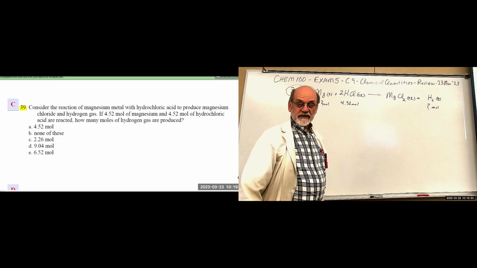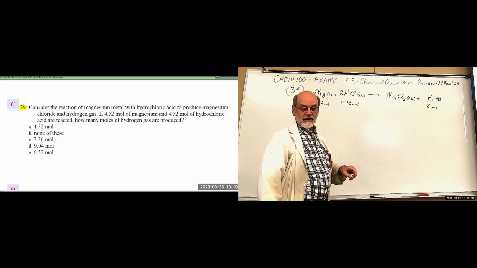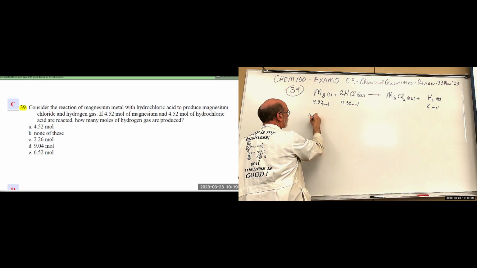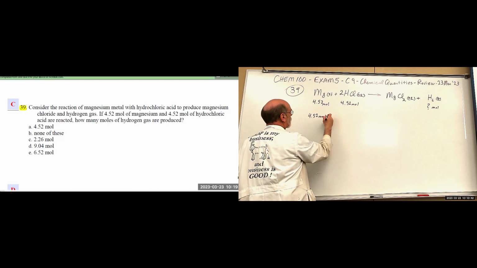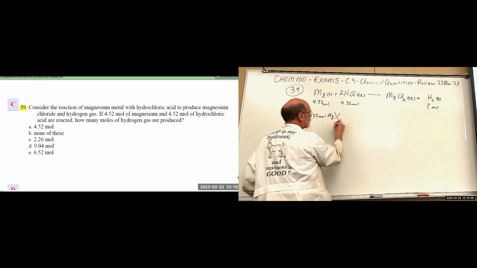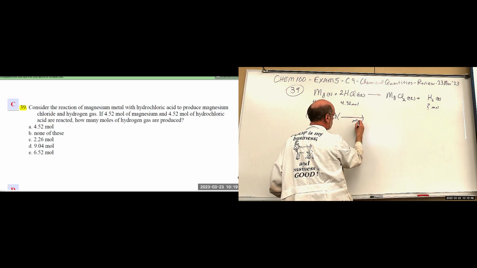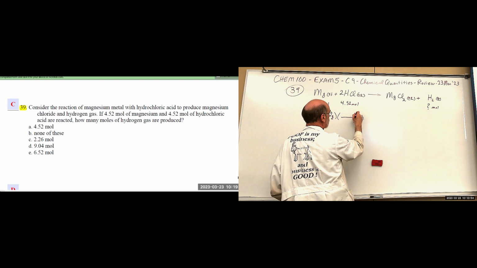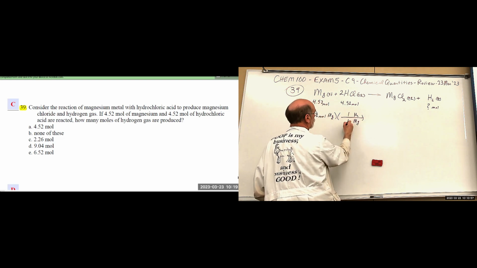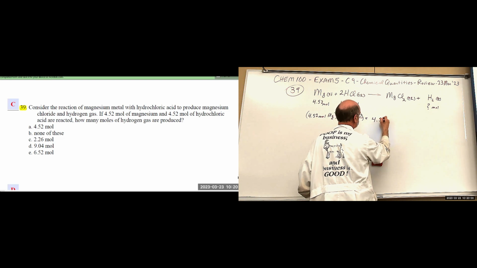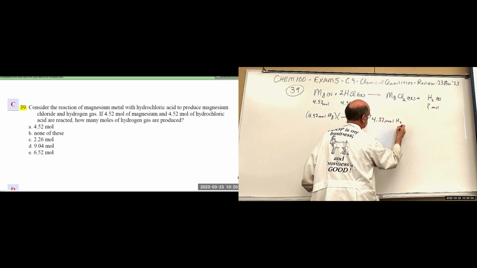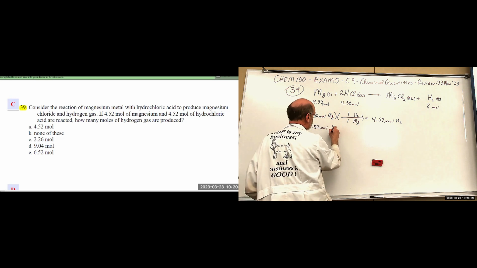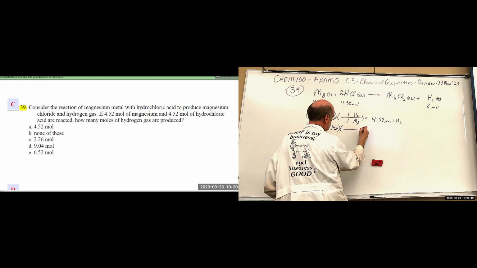All right. The hard part for this one, I think, is getting the equation right. Once you got the equation right, now we can find out which one is limiting. 4.52 moles of magnesium could potentially produce how much hydrogen gas? Well, the coefficient is 1 there and 1 there, so it could produce 4.52 moles of hydrogen gas. 4.52 moles of HCl is a different ratio.